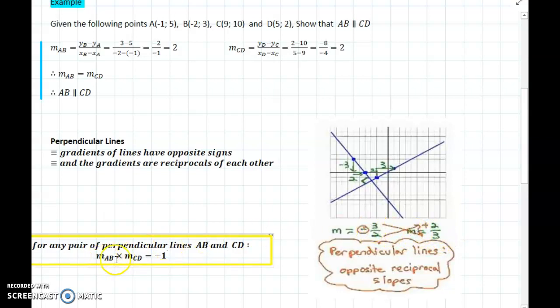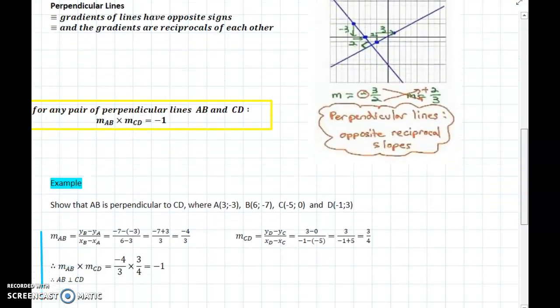So the product of the gradients is minus 1. If we must prove that lines are perpendicular, we'll work out each gradient, multiply them, and the answer should be minus 1. But it's also easy to recognize when two lines are perpendicular: they will have opposite signs and they will be reciprocals of each other.